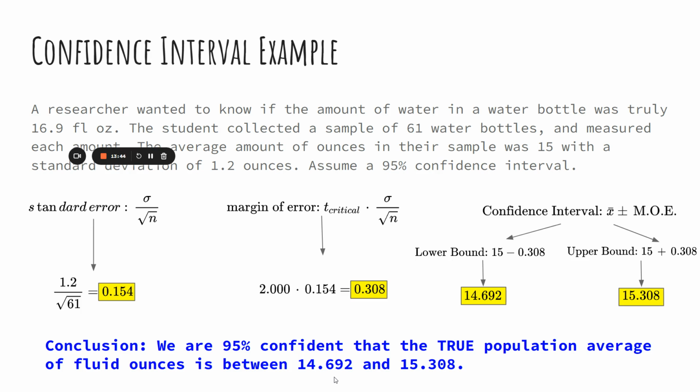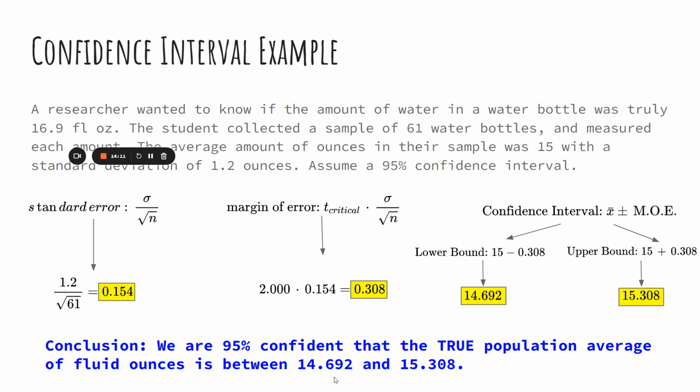The second is going to say, so is your machine functioning properly, or is your company doing what they're supposed to do? So remember, in the question, it told me that the average water bottle should have 16.9 fluid ounces. I just told you that I'm 95% confident that it's between 14.7 and 15.3.